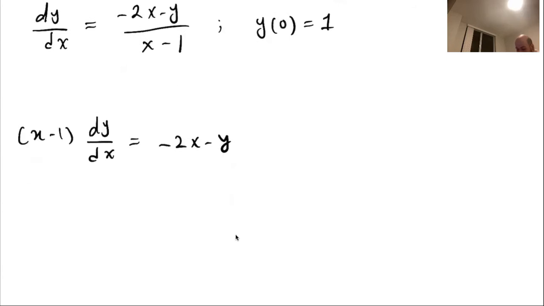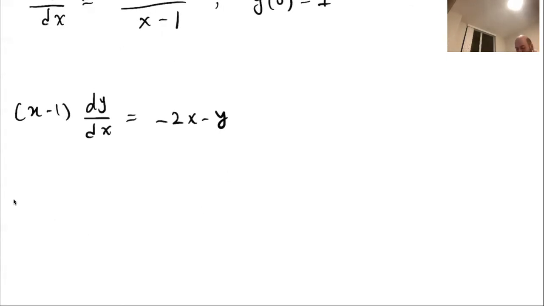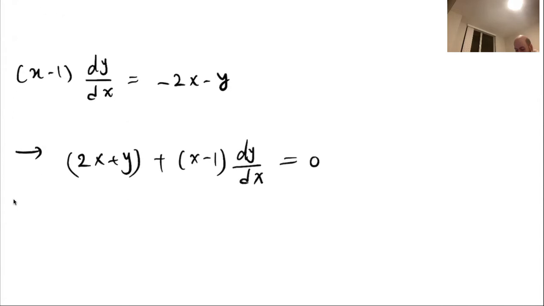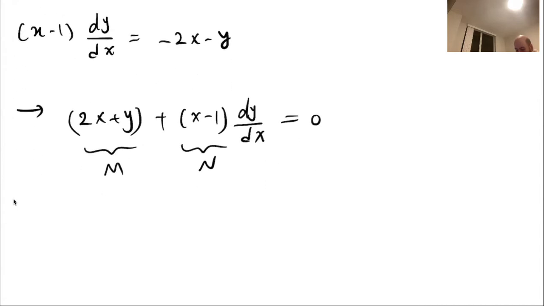And if I take the term on the right-hand side to the left-hand side, then I'll get (2x plus y) plus (x minus 1) dy/dx equals 0. So this is basically my M and this is my N.